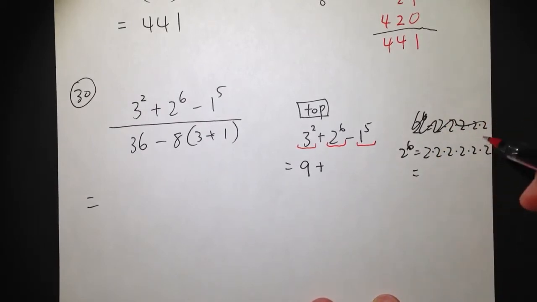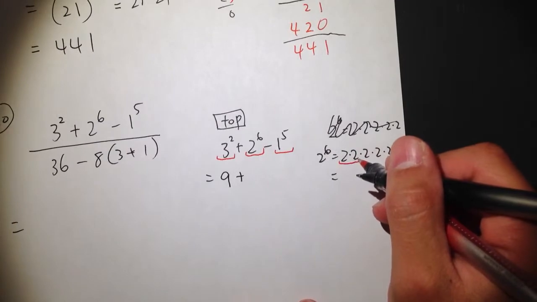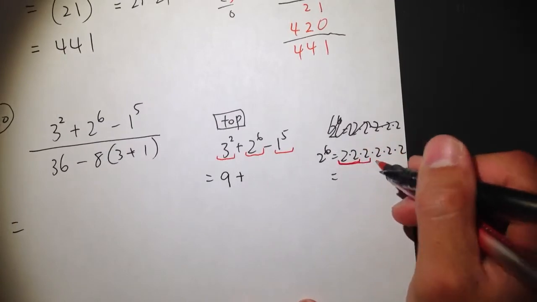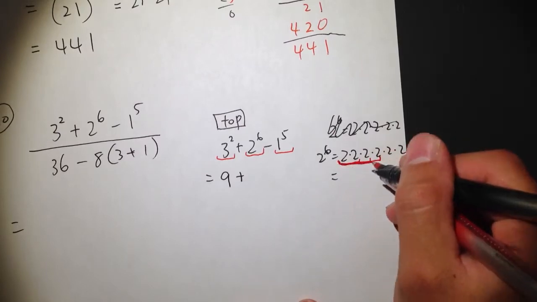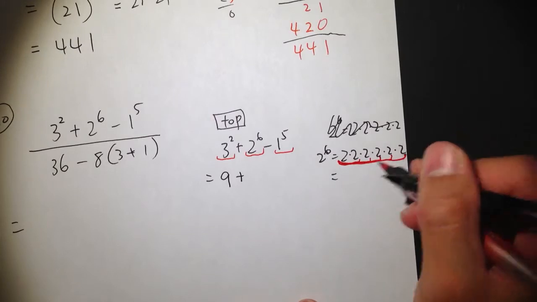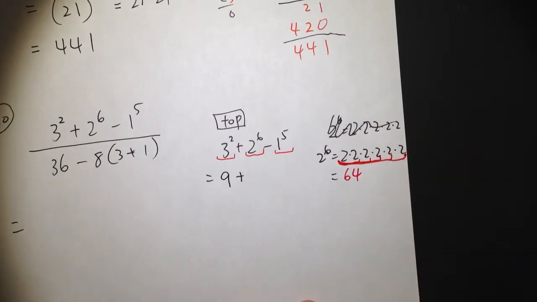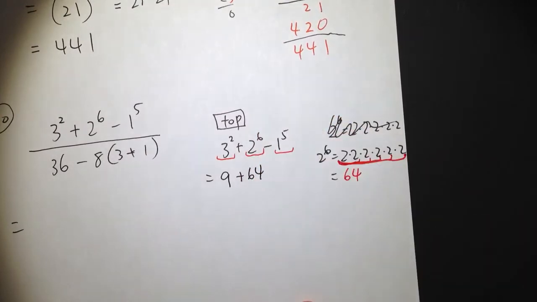So I have 6 2's multiplying together, and we just have to keep track. 2 times 2 is 4, and then 4 times this 2 is 8, 16. 16 times that 2 is 32. 32 times that 2 is 64. So 2 to the 6 has a result of 64.